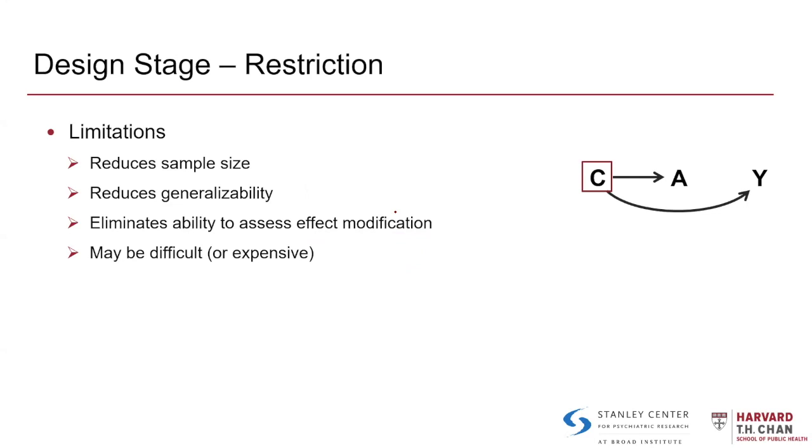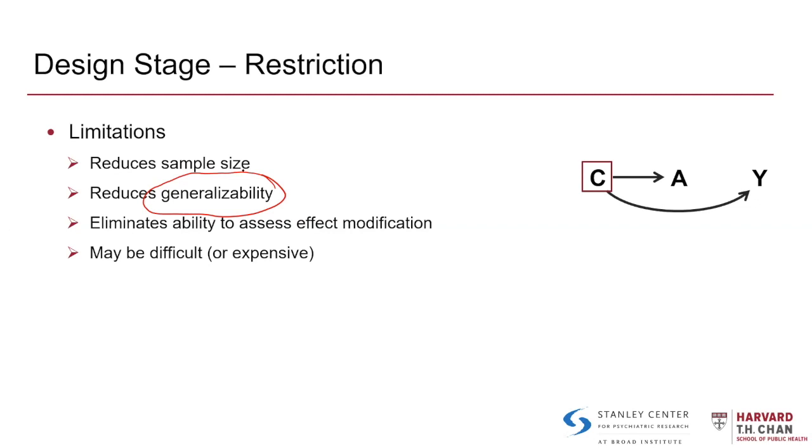However, there are limitations to doing restriction. If you restrict, it reduces sample size. Your ability to include as many individuals who fulfill your criteria might be limited. It also reduces generalizability. This is something that we talked about at the beginning of part 1, which is external validity, or generalizability, would be limited.